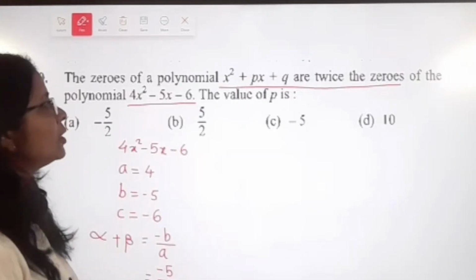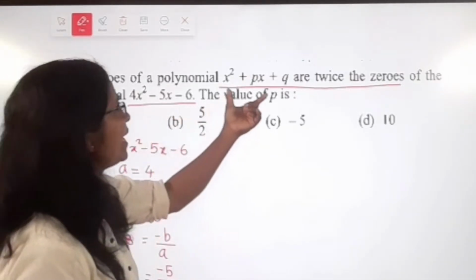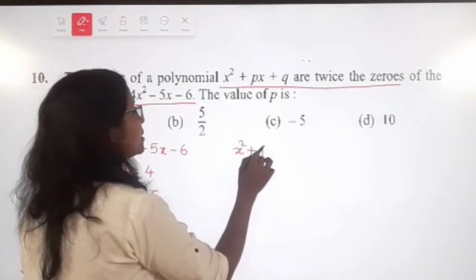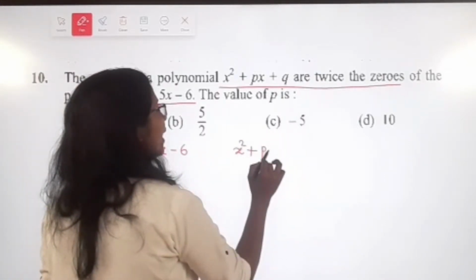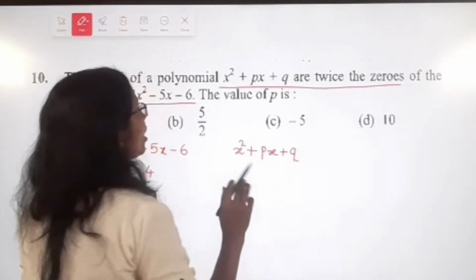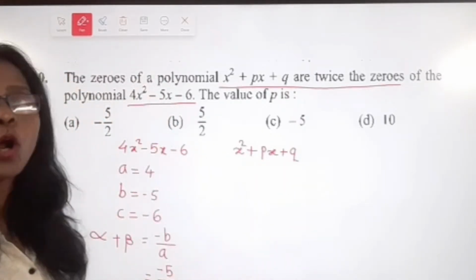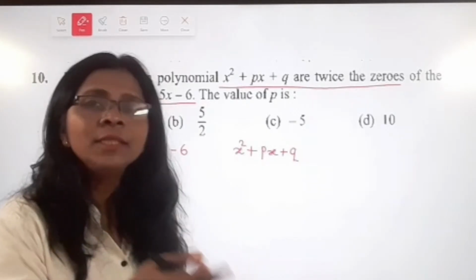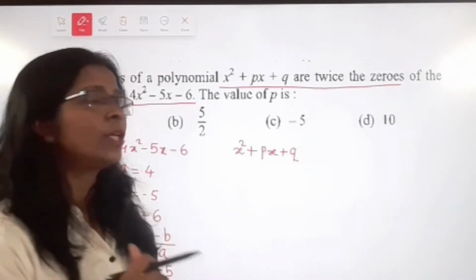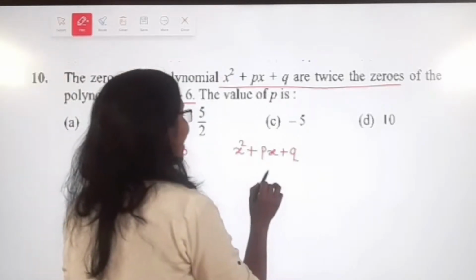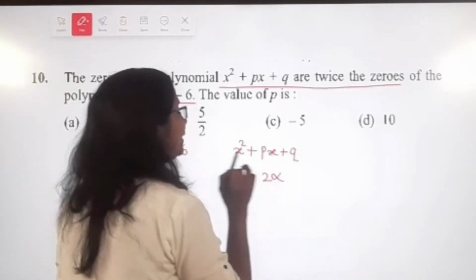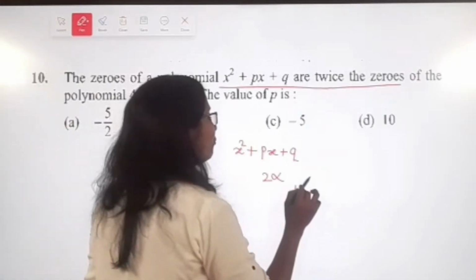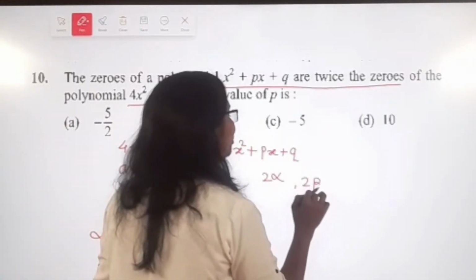But now here students, the given equation is x square plus px plus q. For this polynomial, the zeros are twice the zeros. That means at the place of alpha we write the first root 2 alpha, and at the place of beta we write 2 beta.